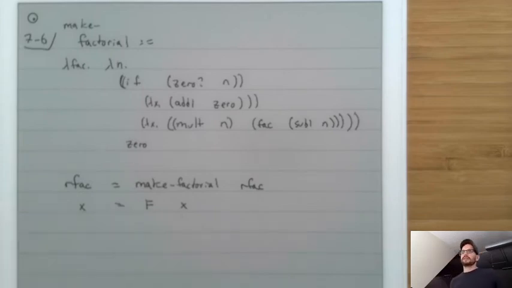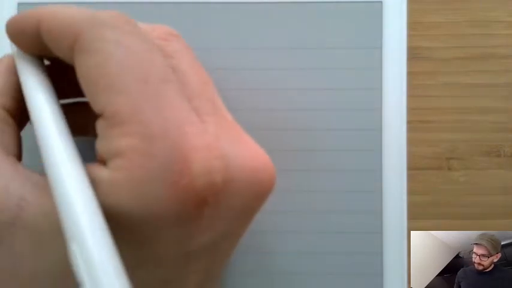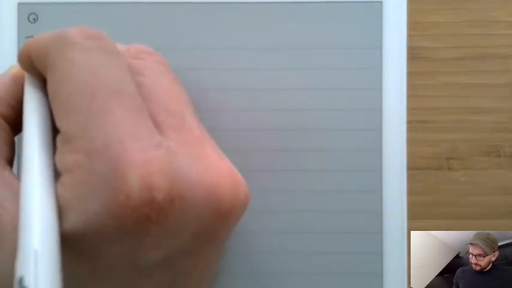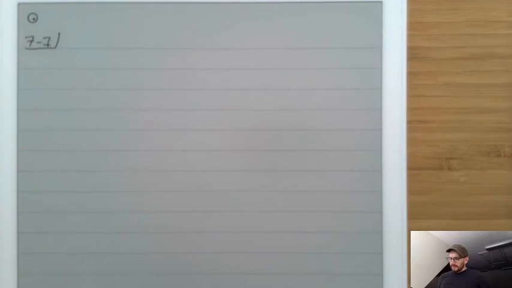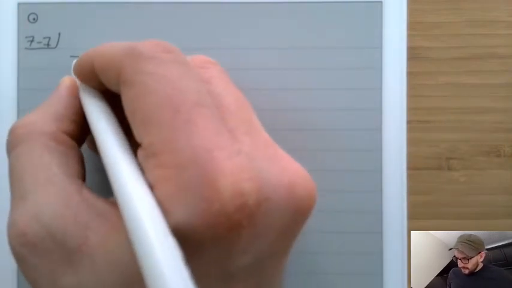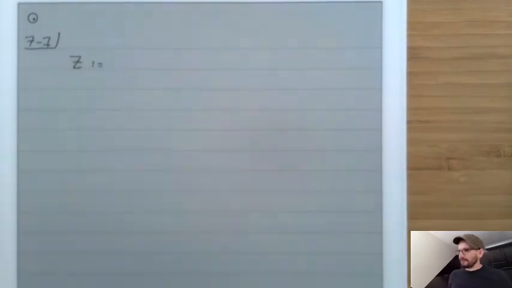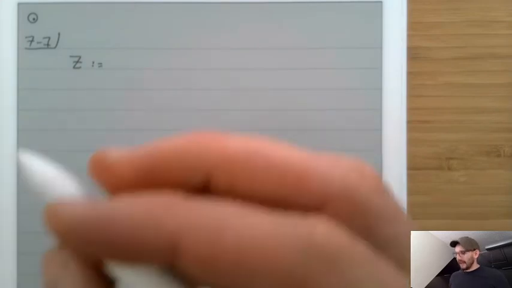Now, remarkably, there is a way to discover the fixed point of any lambda. And it works like this. There's a function called z, and it looks like this.